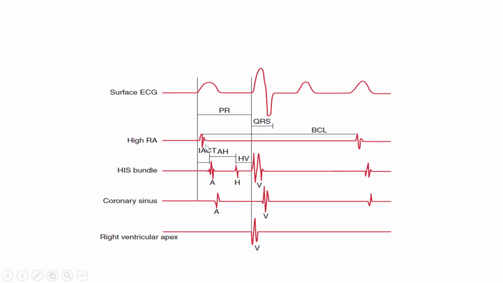So the interval between conduction from the upper end of the SA node to the lower end of the right atrium, which will be sensed by the east catheter, is called the interatrial conduction time or sinoatrial conduction time.